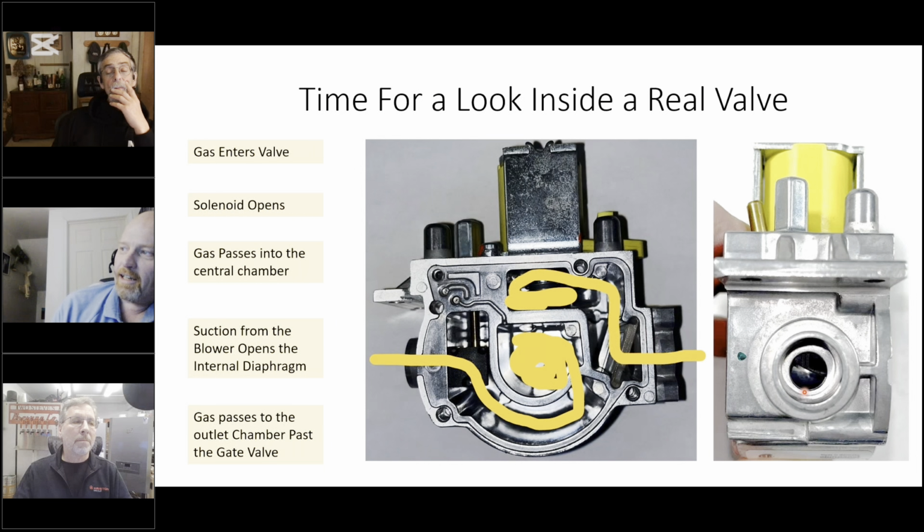You can't quite see it, but it's adjusting this gate valve. So if you fully close that screw, you'll actually close this hole off completely so no gas gets out. This is the feedback tube line, this little brass tube up here. This is your low fire adjustment. And that's again where you're controlling how much that internal diaphragm opens and closes.